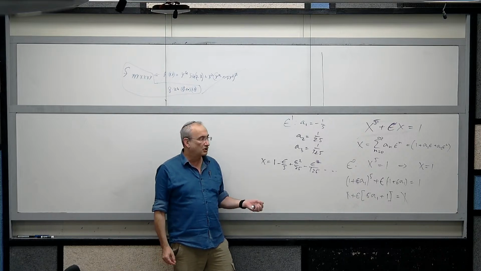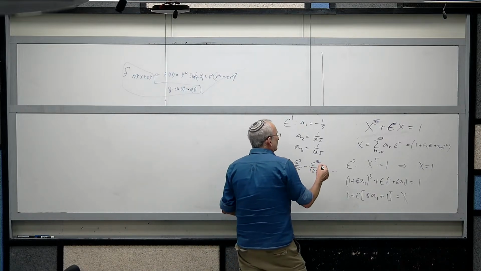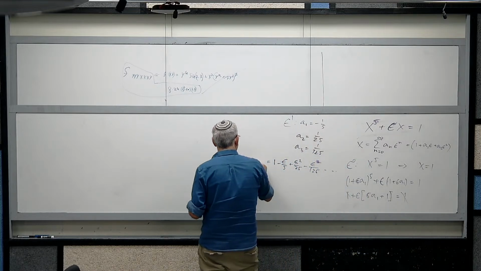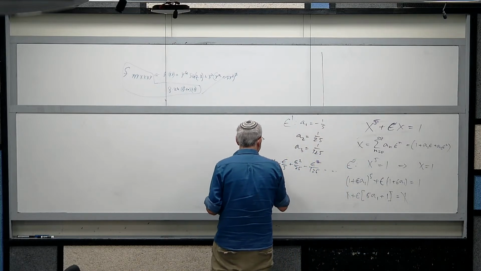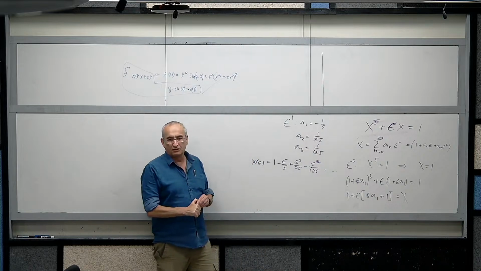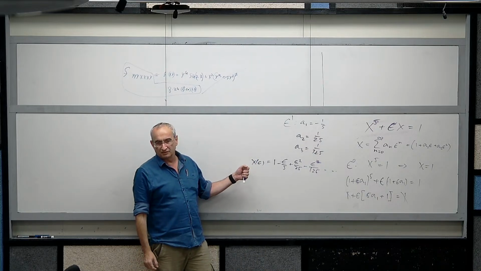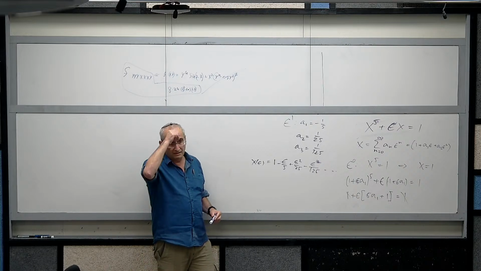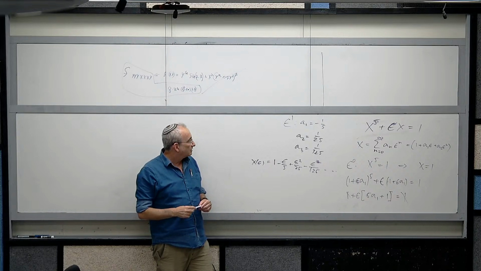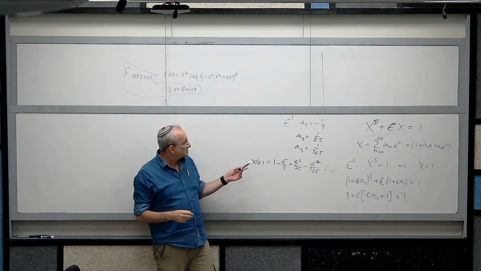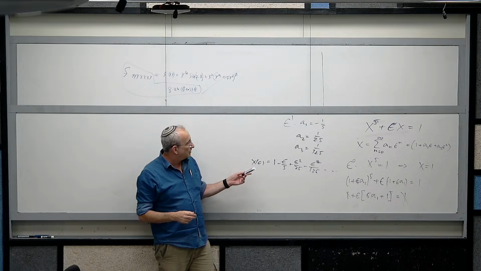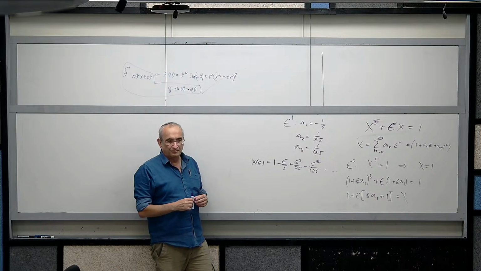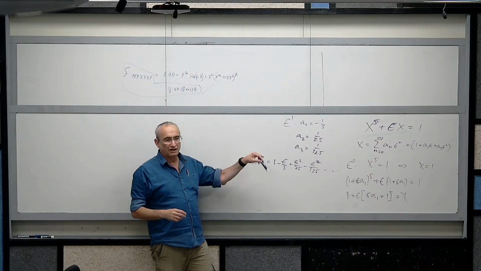So in a regular perturbation theory, x of epsilon is a smooth function of epsilon in the vicinity of epsilon going to 0. Now the question is, can I put epsilon equals 1 and sum the series?